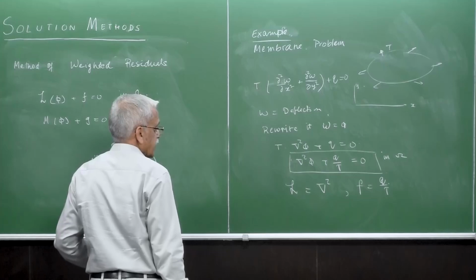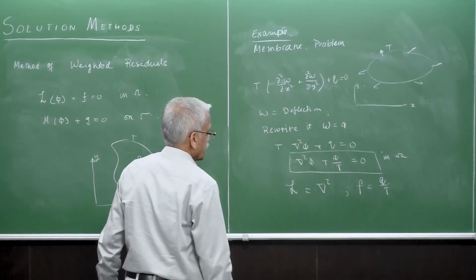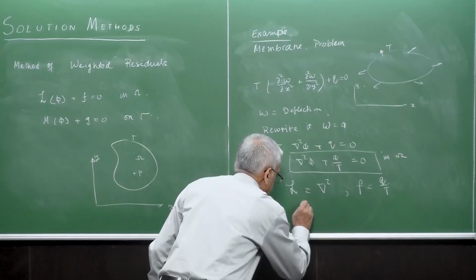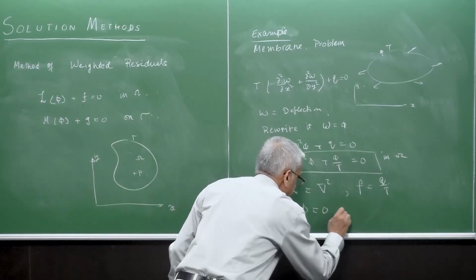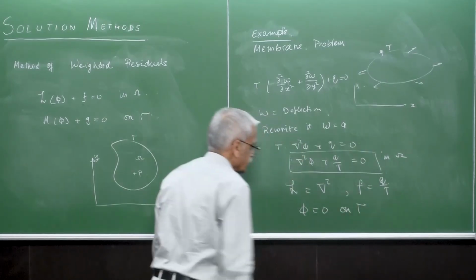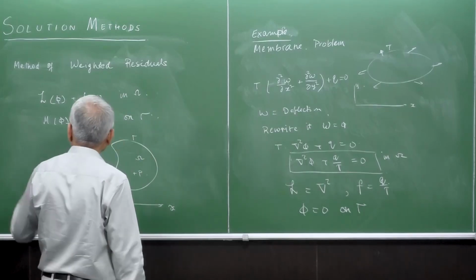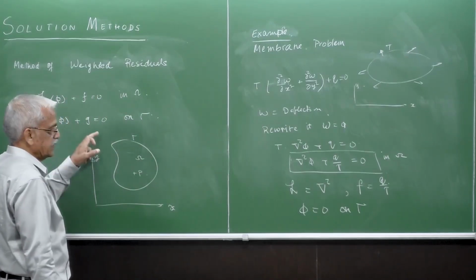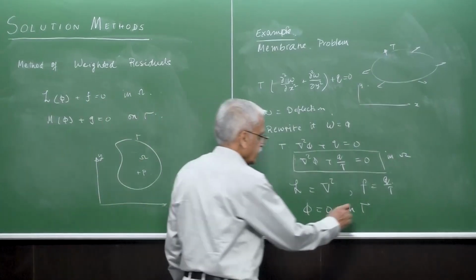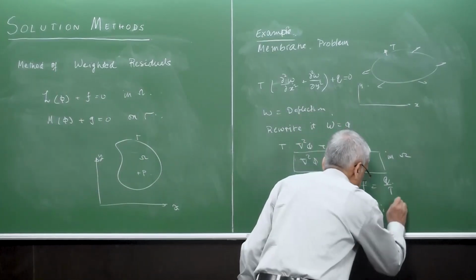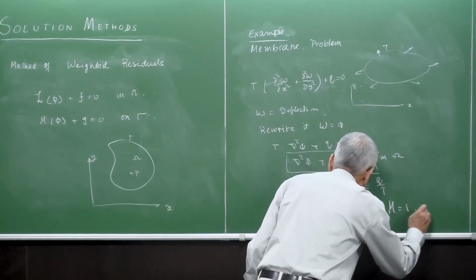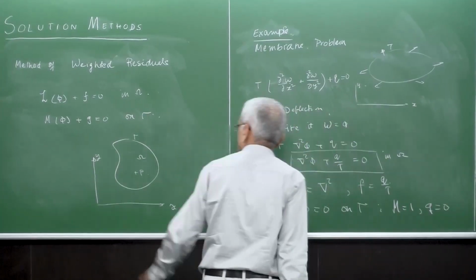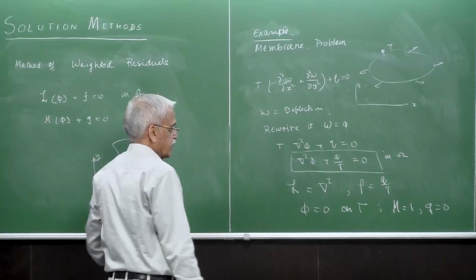And what is the boundary condition here? The boundary condition is phi equals 0 on gamma. Can you identify what M is? M operating on phi plus g equals 0. So here M is equal to just 1 and the function g is simply 0.